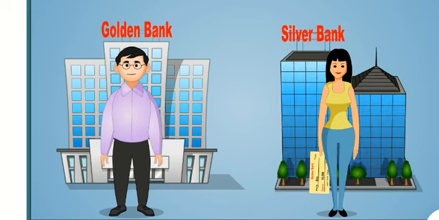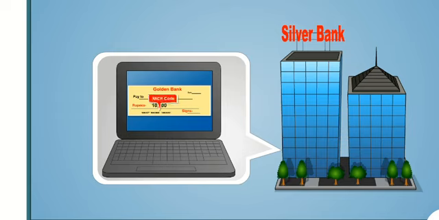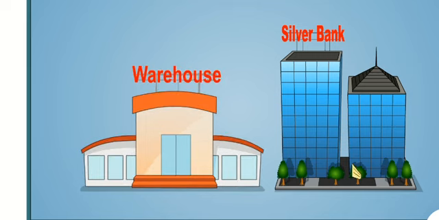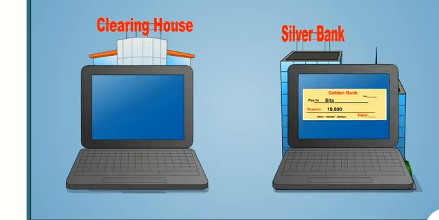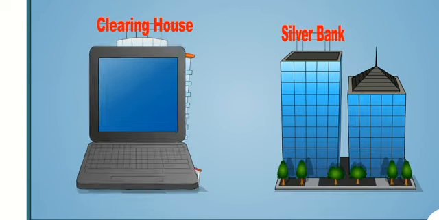Sita then deposits the check in Silver Bank where she has an account. Silver Bank records the MICR image of the check along with the other checks and sends the physical check to the warehouse for storage. The MICR image of the check is transmitted to the clearing house.